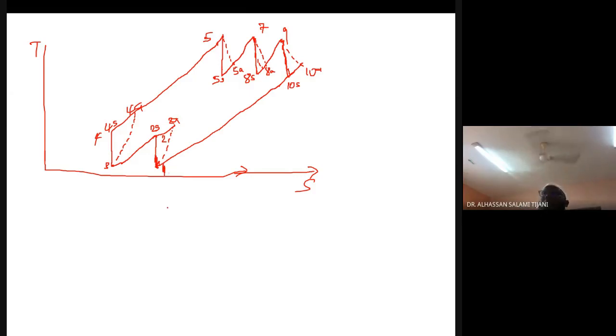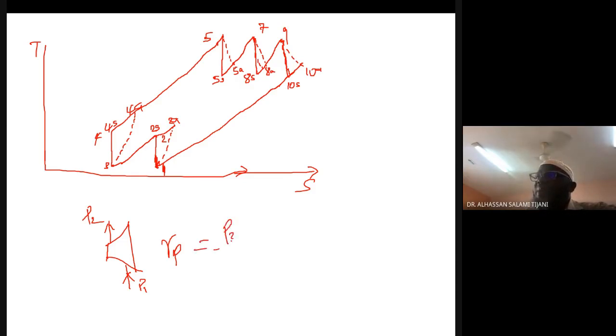What is the definition for pressure ratio? For a single turbine or compressor, if you take a single compressor like this, where the inlet pressure equals P1, exit pressure equals P2, it means pressure ratio will be equal to P2 divided by P1.